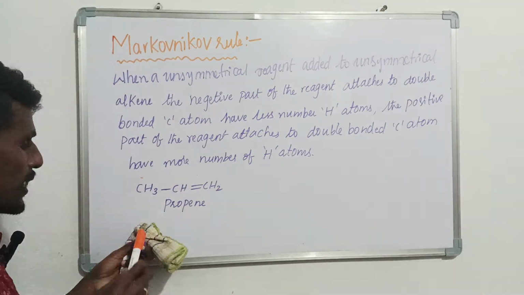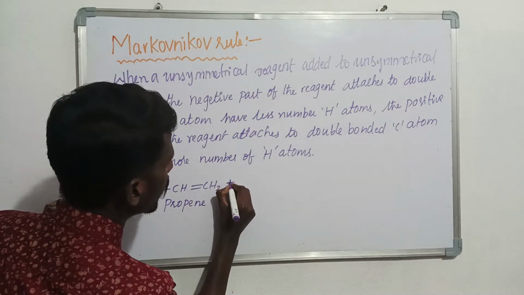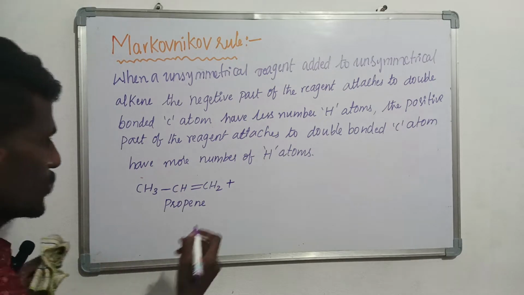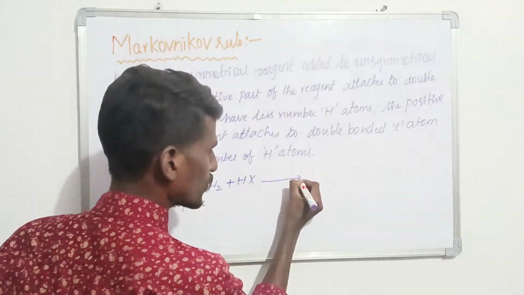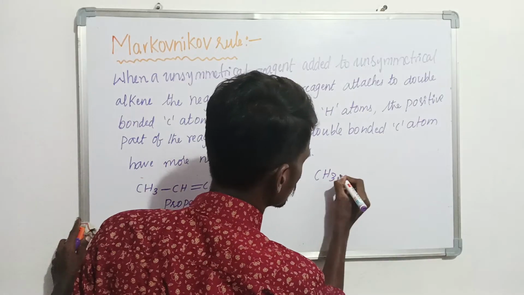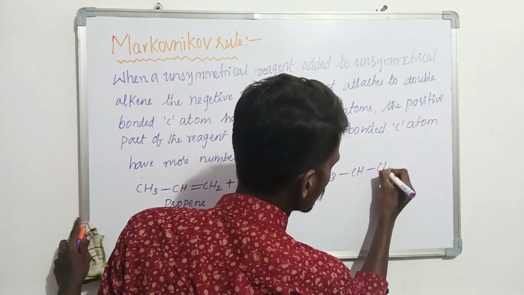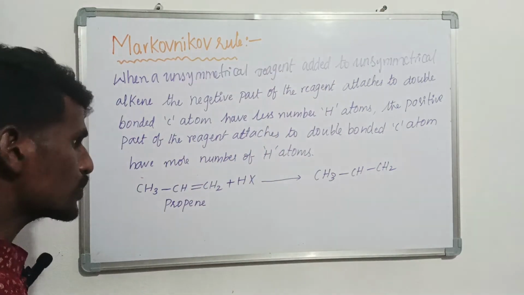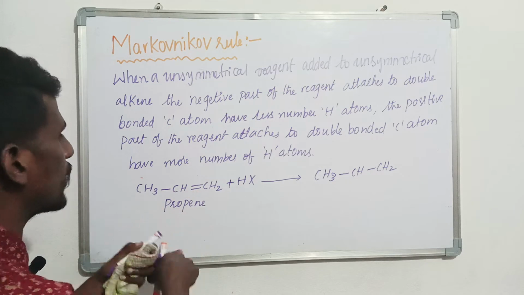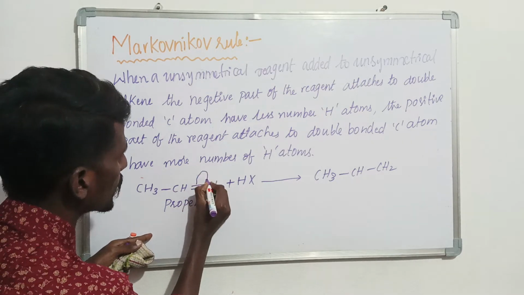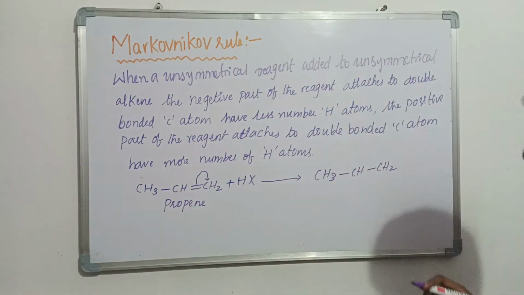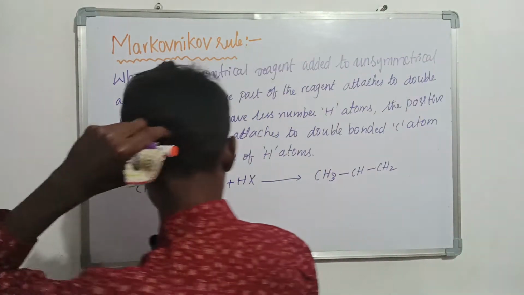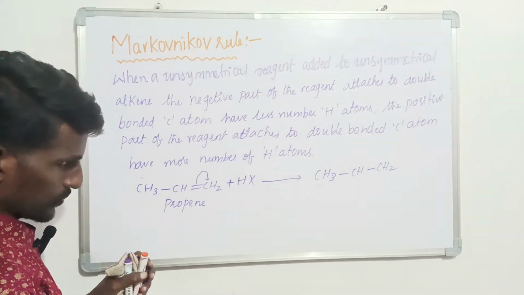An example of an unsymmetrical reagent is HX. It gives this product, CH3 CH2. When the double bond shifts towards this carbon atom, that carbon atom gets a negative charge and this CH carbon atom gets a positive charge.